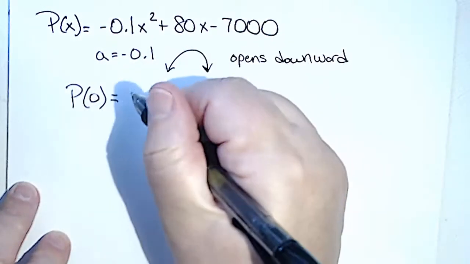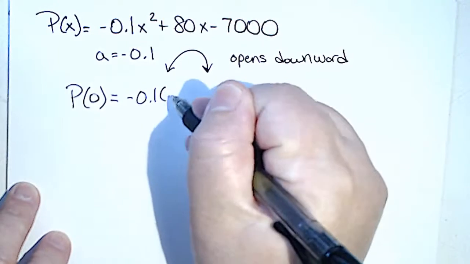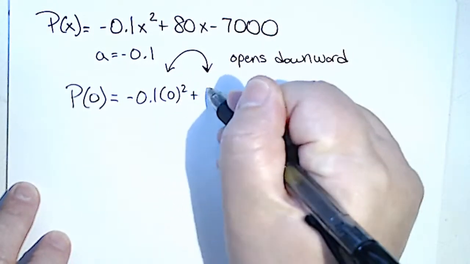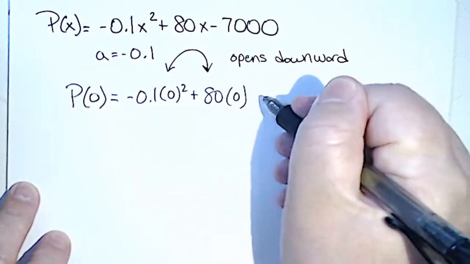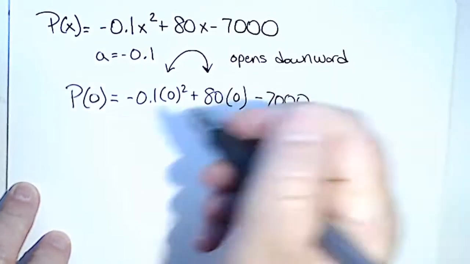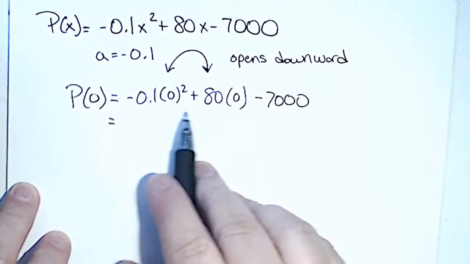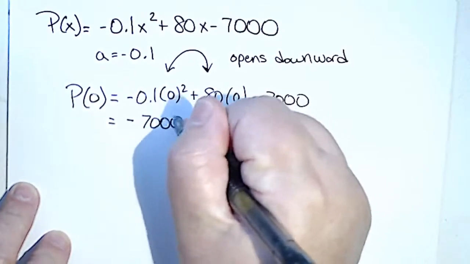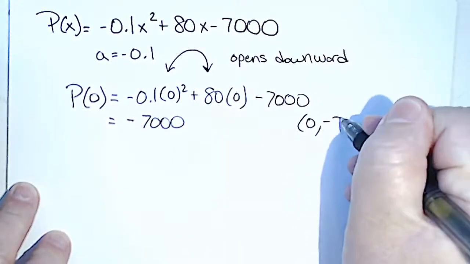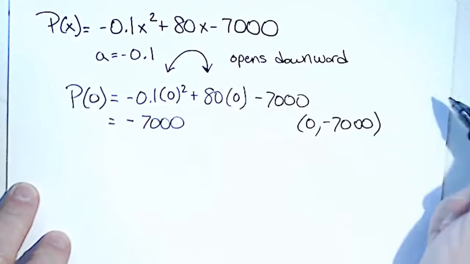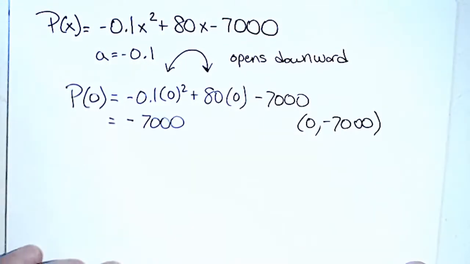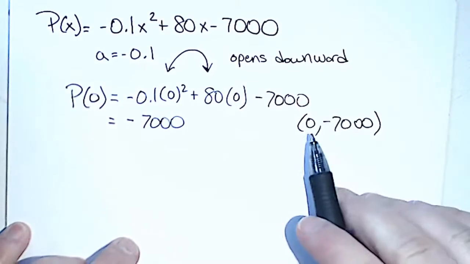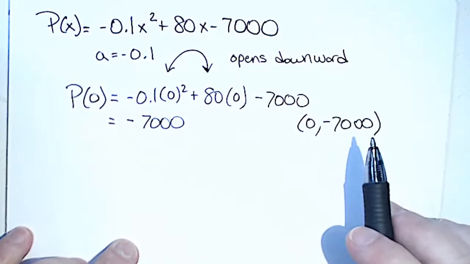So when x is 0, you don't have to go through all this work if you can just read it off. These both become 0, and I just have negative 7,000. So that's the first point. That is when x equals 0. In other words, this is the y-intercept.